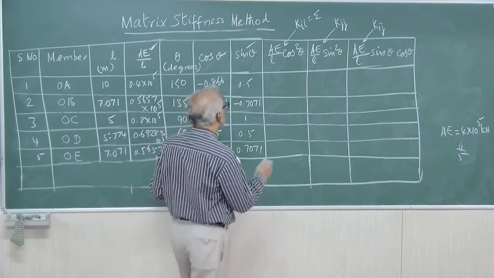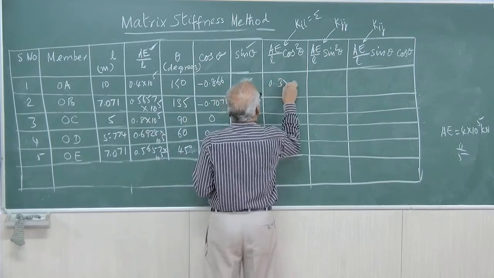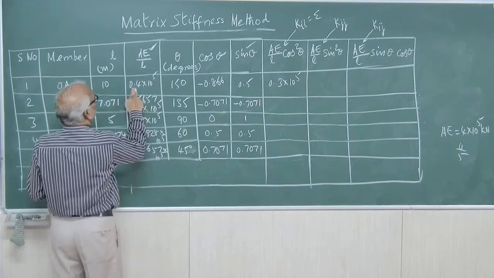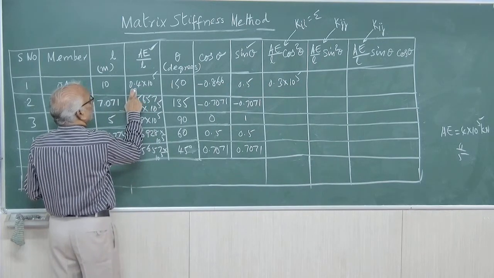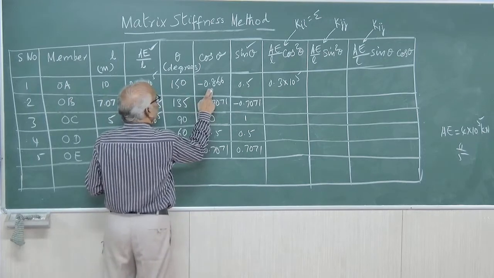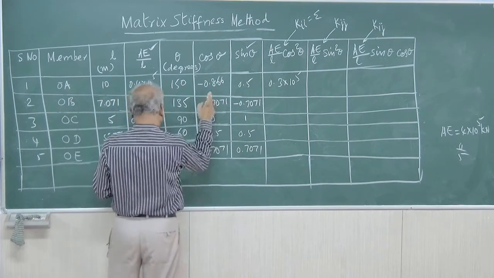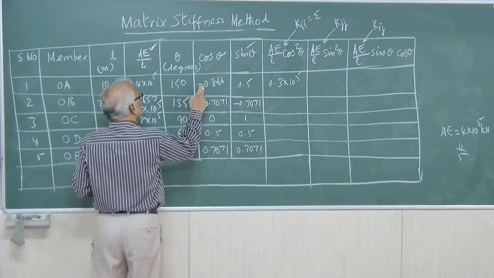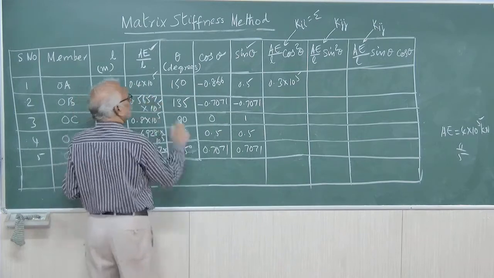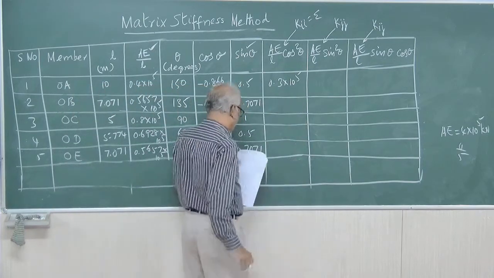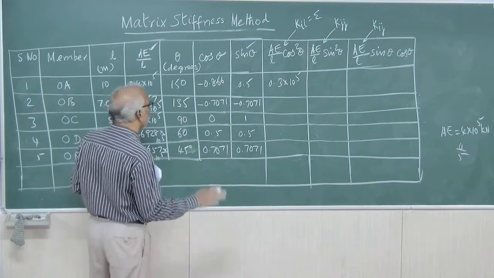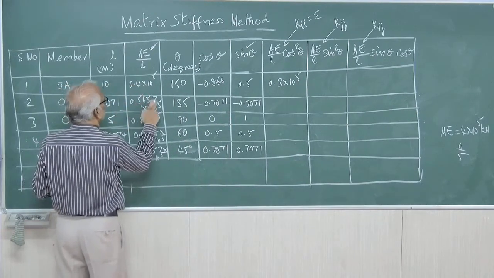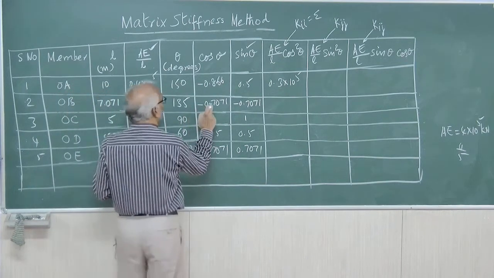And this is 0.3 into 10 power 5, that is AE by L is 0.4 into 10 power 5 into cos square theta. Cos theta is this value, cos square will be 0.866 square, that will become plus, so 0.866 square into 0.4 into 10 power 5 equal to 0.3 into 10 power 5. So it is only a multiplication of this AE by L 0.5657 into 10 power 5 into cos square theta, that's all.